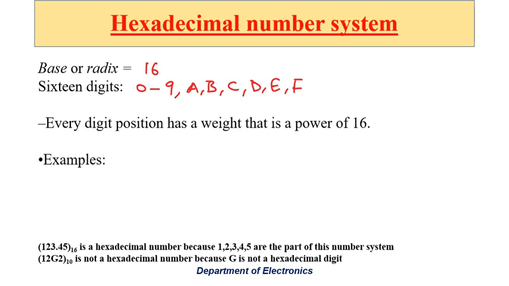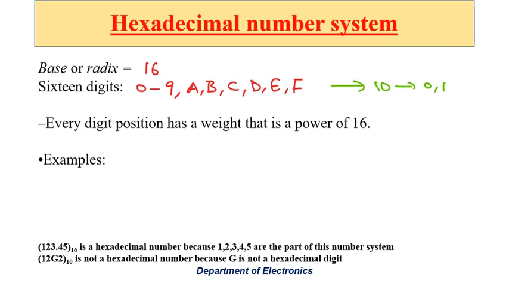Instead of 11, it uses B. Instead of 12, it uses C. Up to instead of 15, it uses F. The reason, because the use of A, B, C, D alphabets is after 9. In general, after 9, we will define 10. But 10 is not a distinct digit. 10 is a combination of 0 and 1.